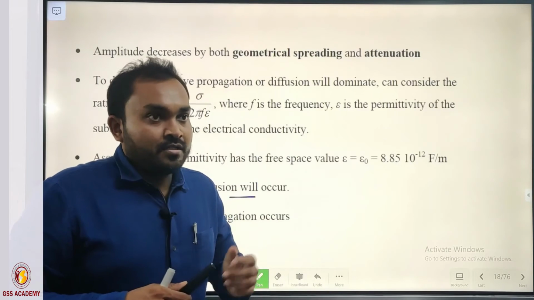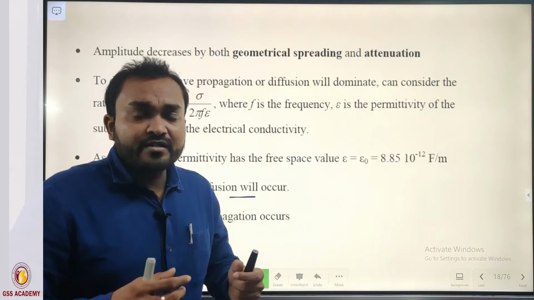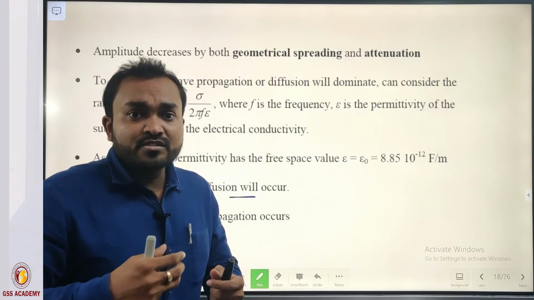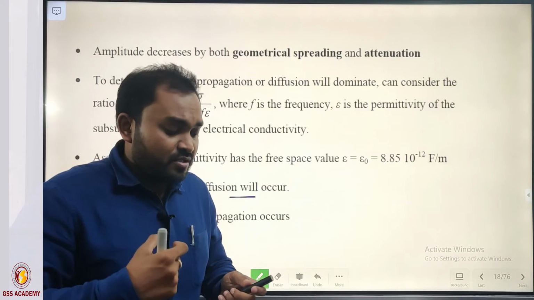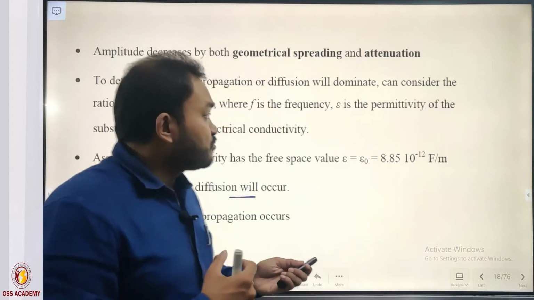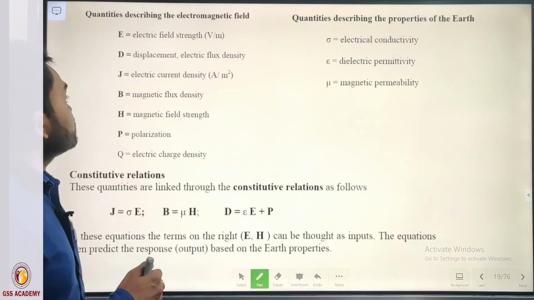Okay. And this is rho, the charge density, then D is the displacement, and so on. We will see what those are.